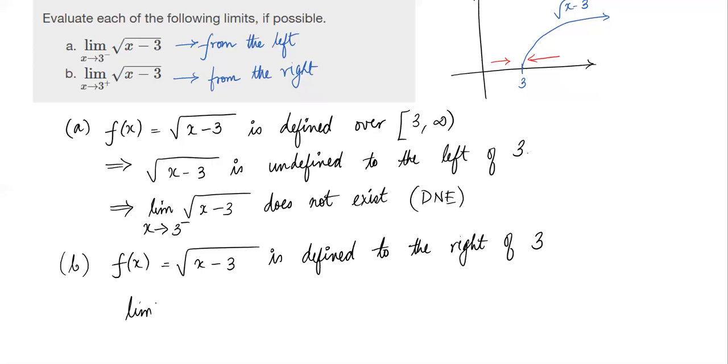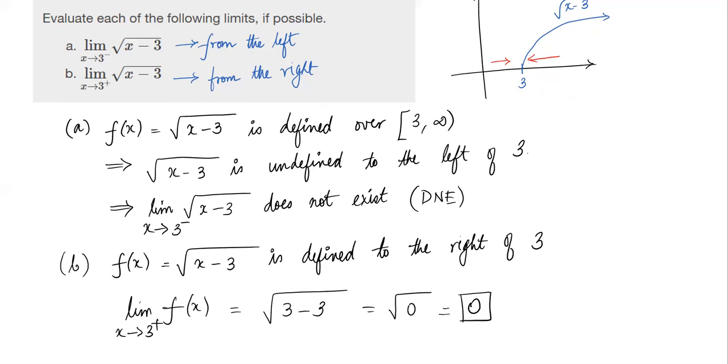So the limit from the right is square root of 0, which is 0. So your function is defined to the right of 3. Therefore, the one-sided limit exists here as you approach 3 from the right, but the limit does not exist as you approach from the left.